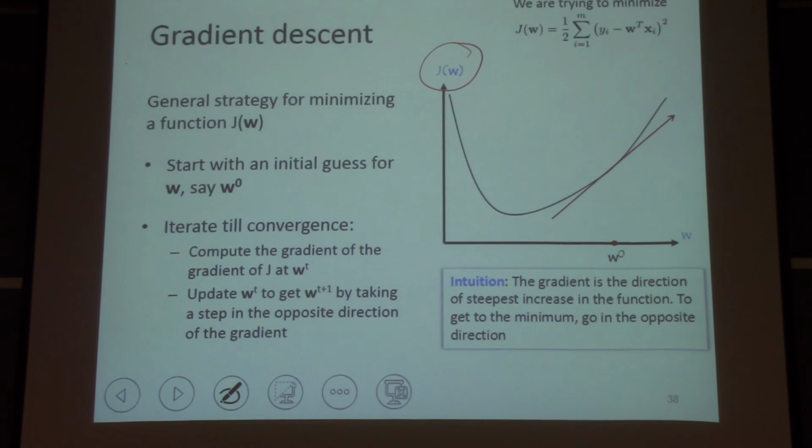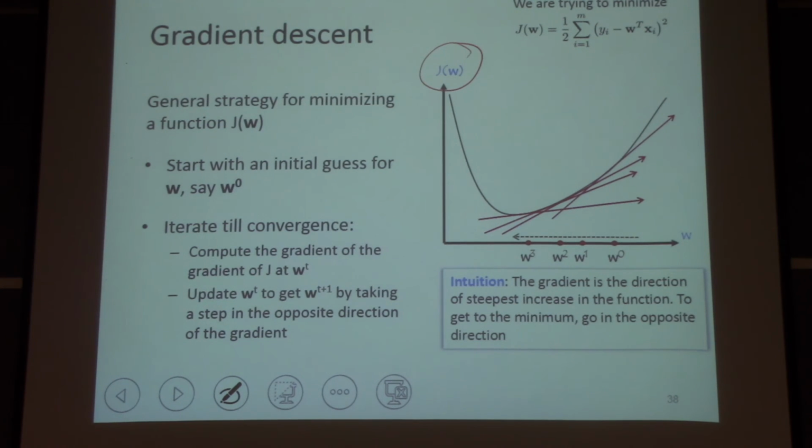That's it. Once you get this gradient, you update your w, you find a new point. You just go in the reverse direction of the gradient. Keep doing that till you come to some minimum. You iterate until this whole thing converges to the bottom.